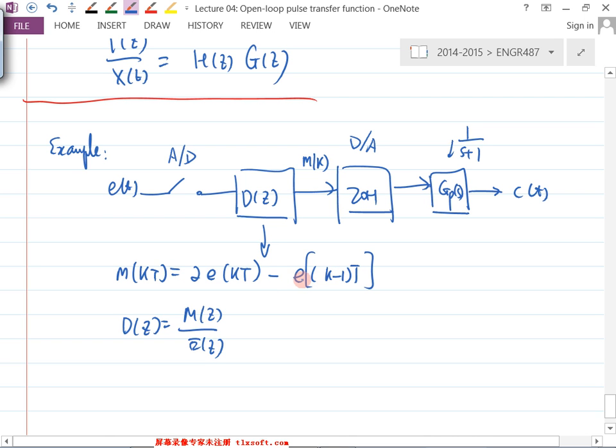So when you have the difference equation, you can take the Z transform of both sides.